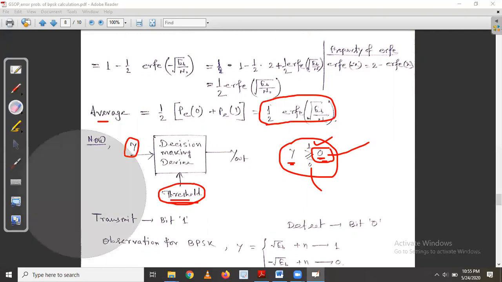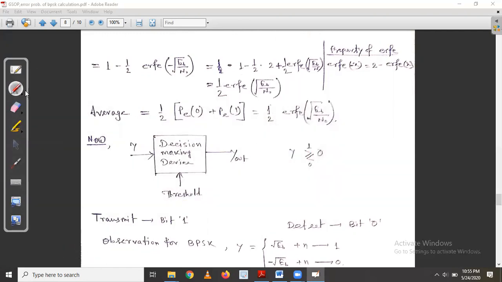Okay, so how is this 0 coming? Now we are going to perform some derivation, and we can prove this expression.